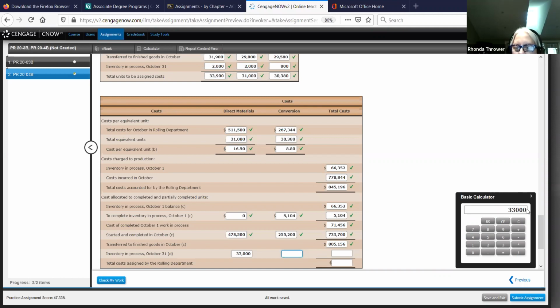You multiply 800 units times $8.80. Check your work.